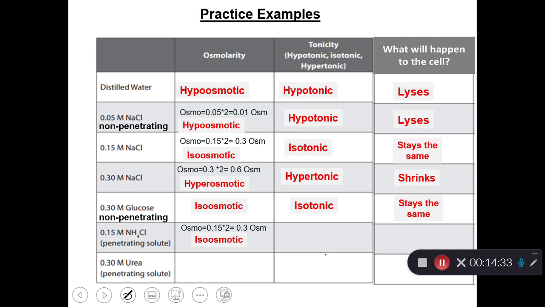Since everything is penetrating, it is hypotonic and the cell would lyse. How about urea? Urea is penetrating, so it is isoosmotic. How about tonicity? Because it is penetrating, it is hypotonic, and also the cell would lyse.